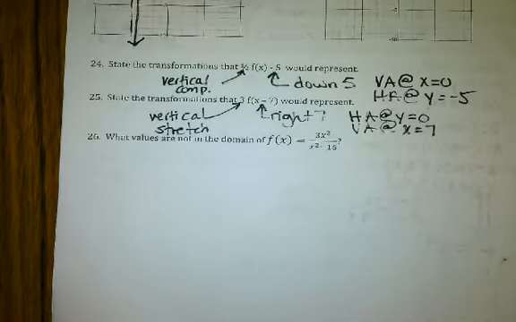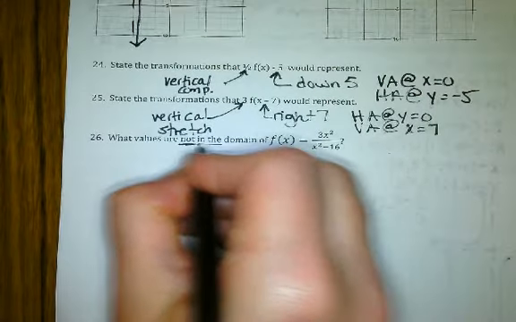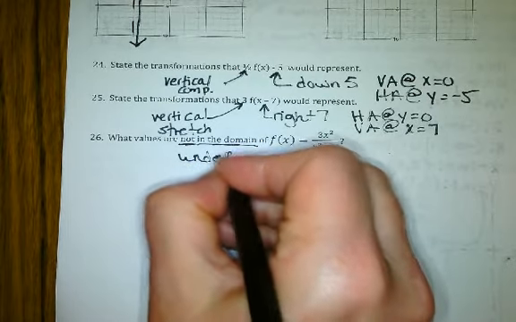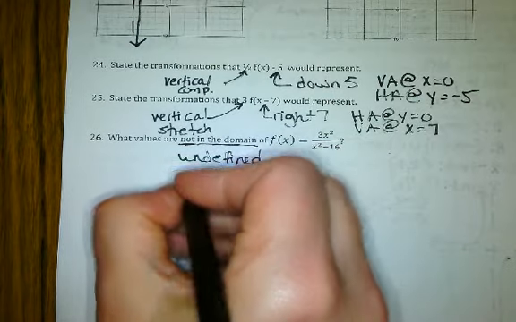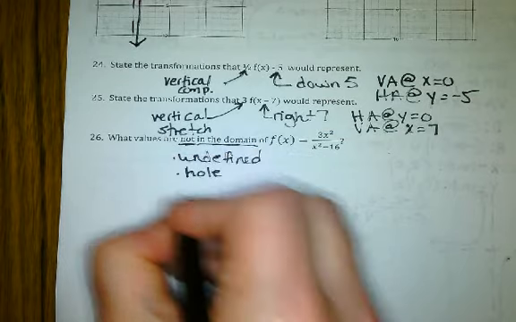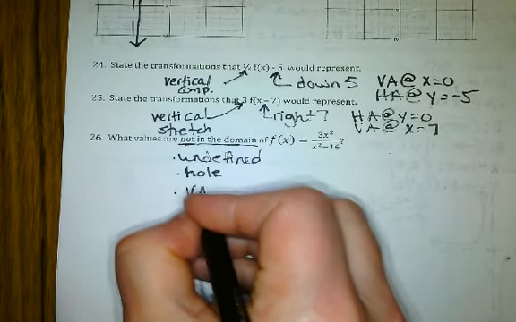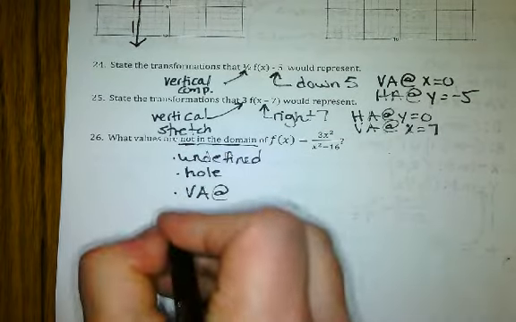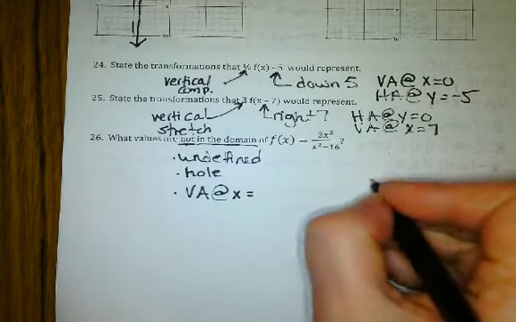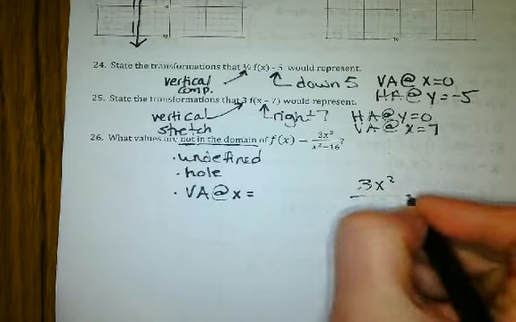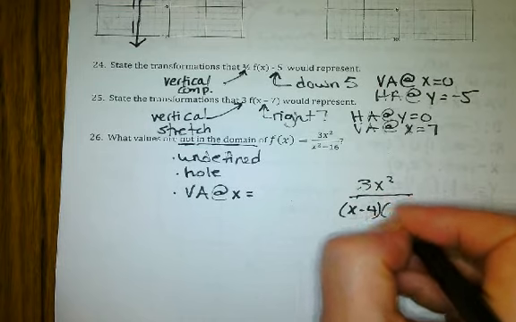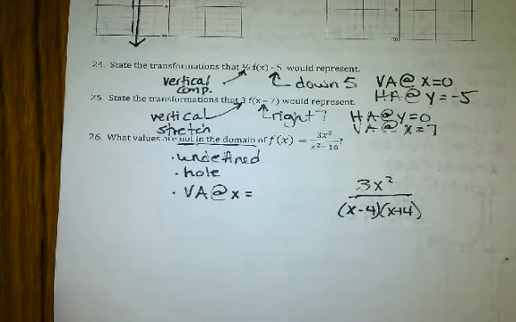All right, on this one down here, it says what values are not in the domain. So anytime they're talking about not in the domain, that's related to undefined. It can also be related to a hole, or it could even be related to a vertical asymptote. Okay, so here, I want to factor that, so I get 3x squared over x minus 4, x plus 4.